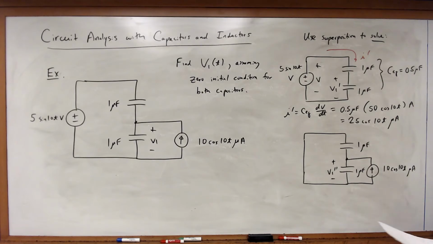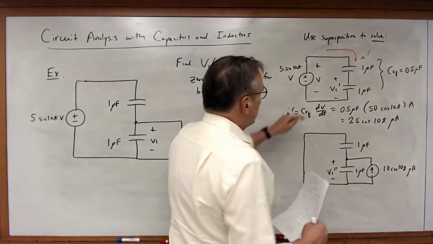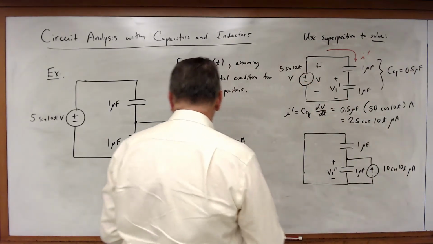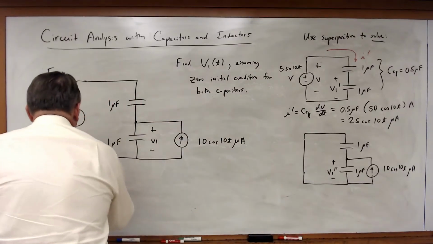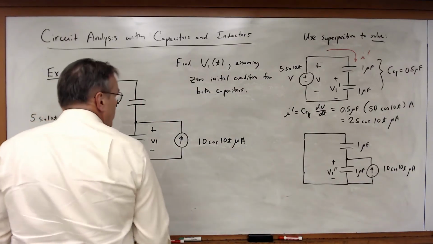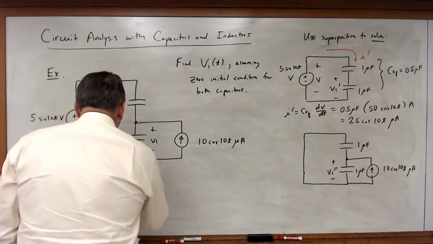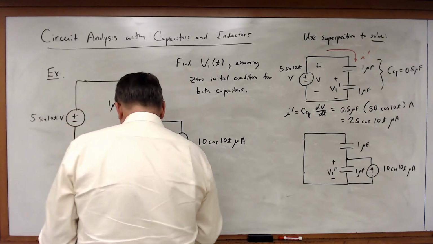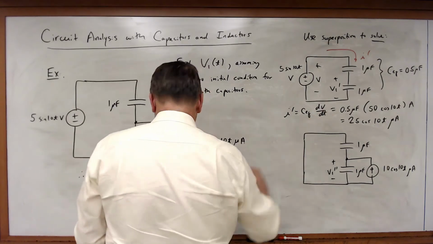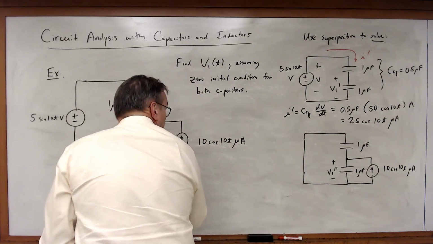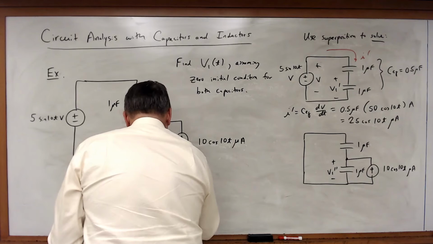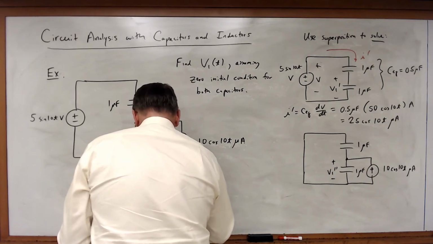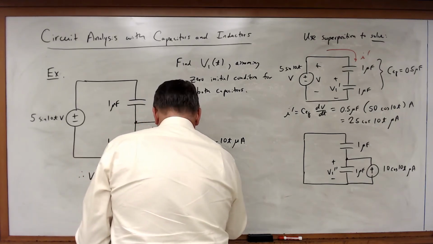And now that I know that, I want to find the voltage across this capacitor. So V1 prime will be equal to 1 over 1 microfarad times the integral of that current. So the integral of 25 cosine 10t times 10 to the minus 6.